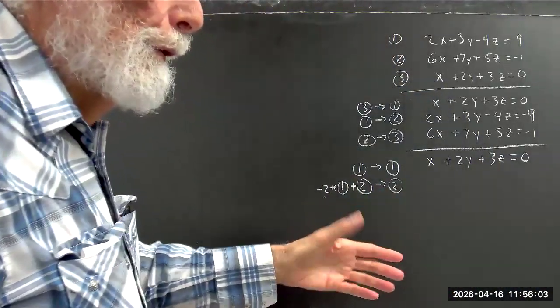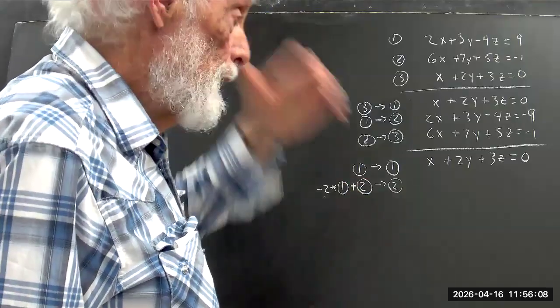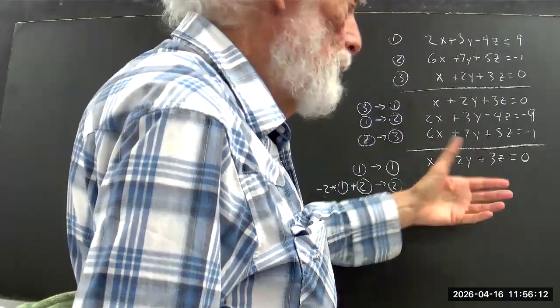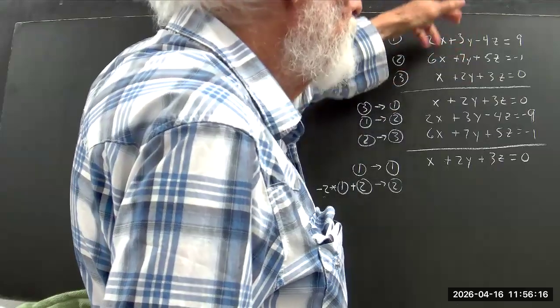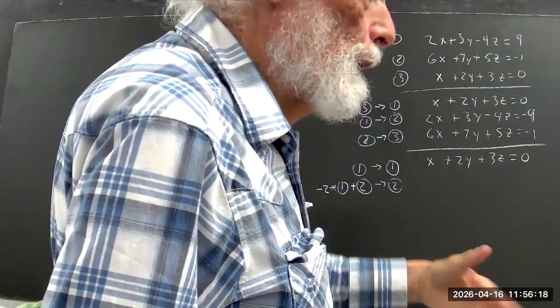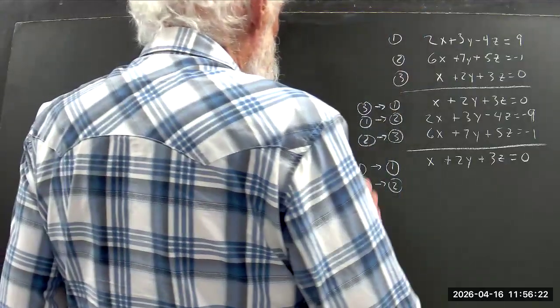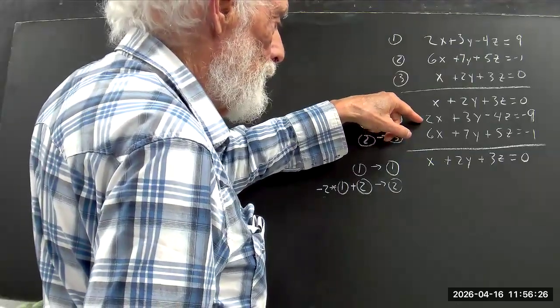Now, I'm not going to write that equation out because it takes a little figuring to add -2 times an equation to another equation, and I don't want to do that in this column. I want these columns to go very naturally without a bunch of side calculations. But that's what I'm going to do, and that's going to eliminate the x here.